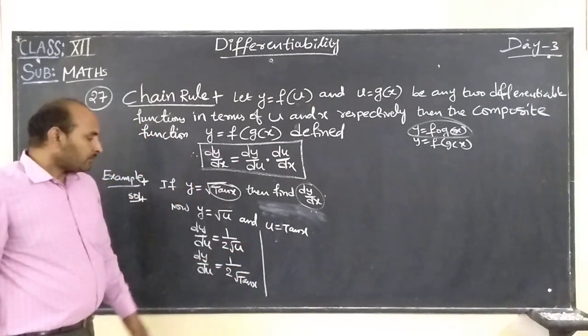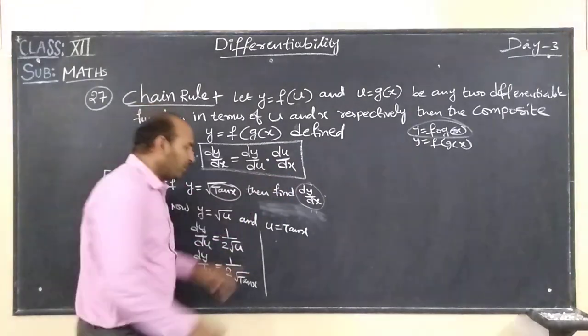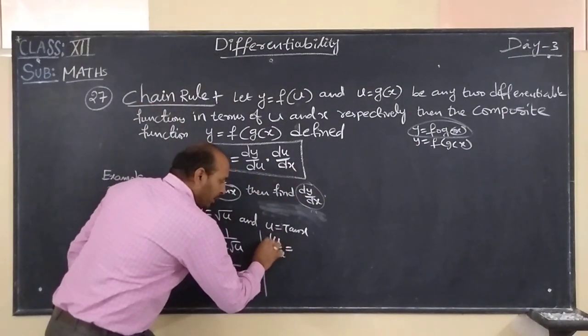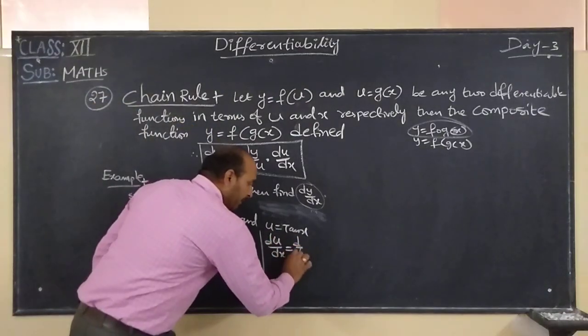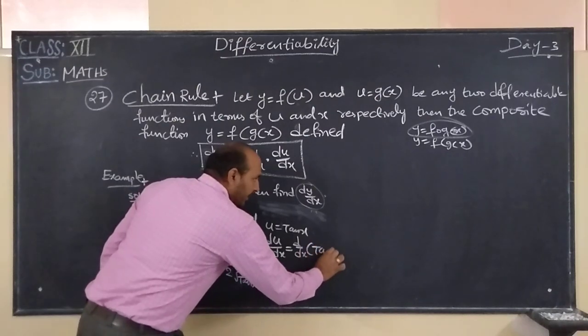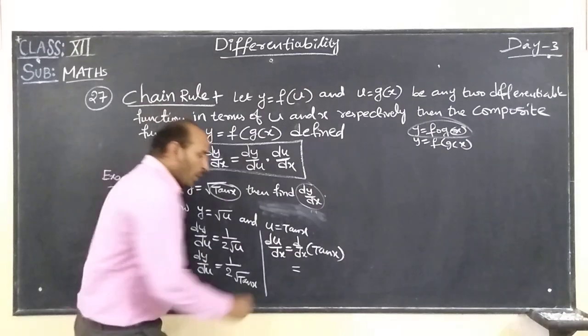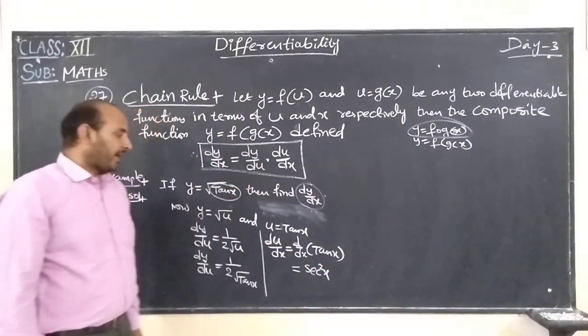Next, what we have to find? du by dx with respect to x. So du by dx is equal to d by dx of tan x. Derivative of tan x is secant square x.